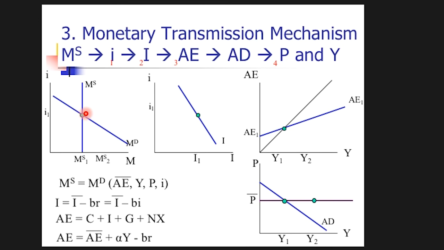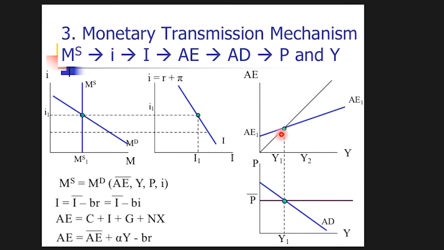The second diagram shows the relation between interest rate and investment. The third diagram is the Keynesian model to examine the equilibrium point. And the last one shows the aggregate demand at the constant price. So now, initially, we have the initial interest rate, initial equilibrium, and initial AD.